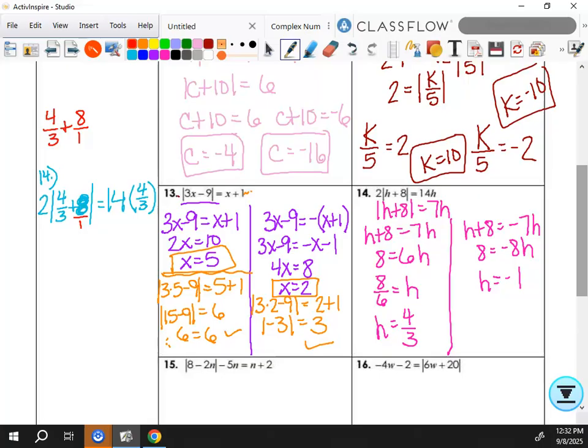Okay, which means I need to multiply this by 3 over 3. So then that's going to give me 4/3 plus 24/3. So that 8 over 1 became 24/3. Now I have a positive number plus a positive number, and then I'm going to take the absolute value. So really, do I need my absolute value sign anymore? I don't, right?